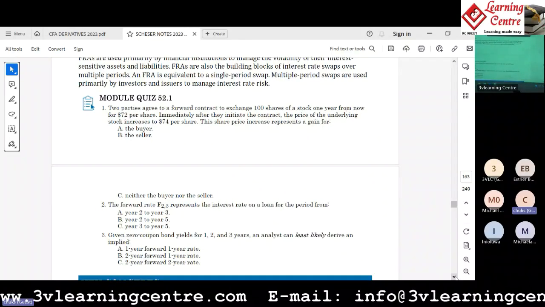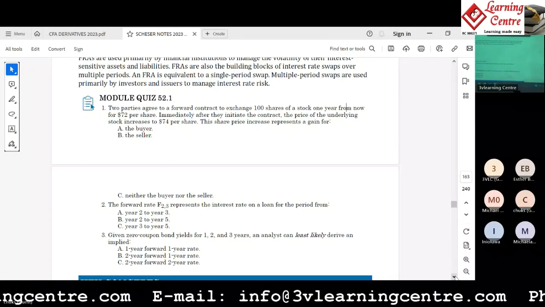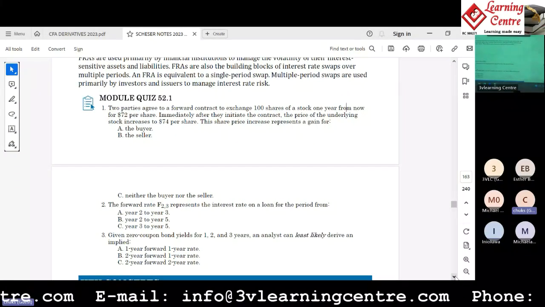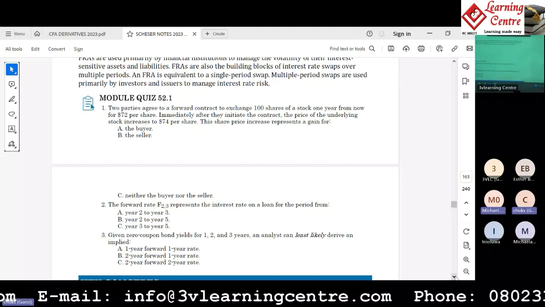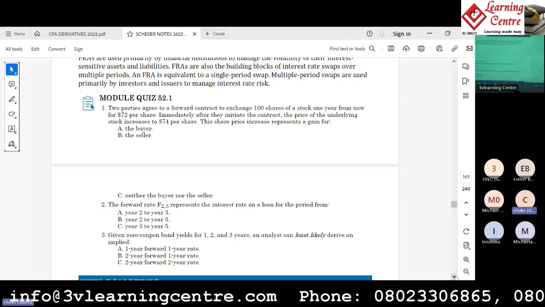You guys should read the question carefully. The question says least likely. What that means is, based on these 3 things you have been given, which one is least likely?